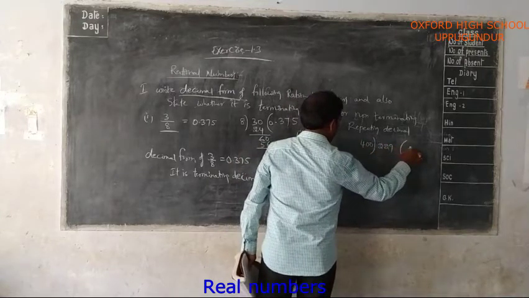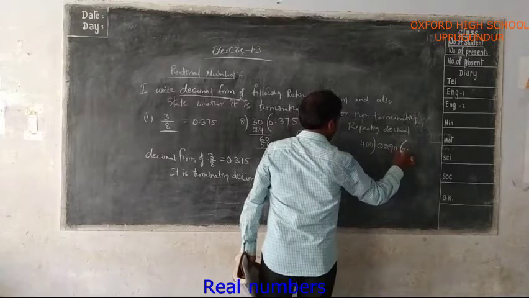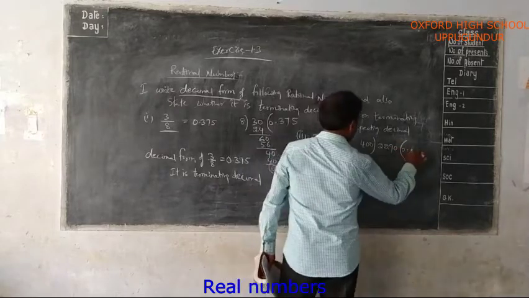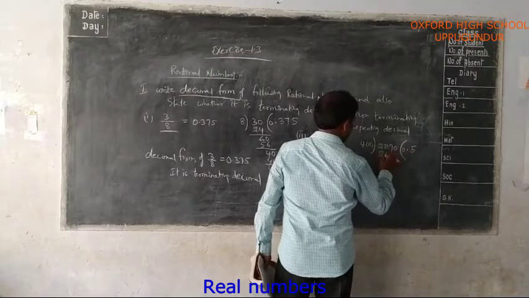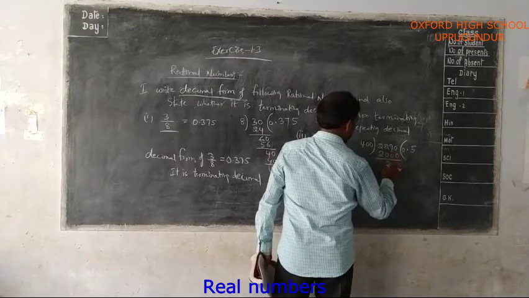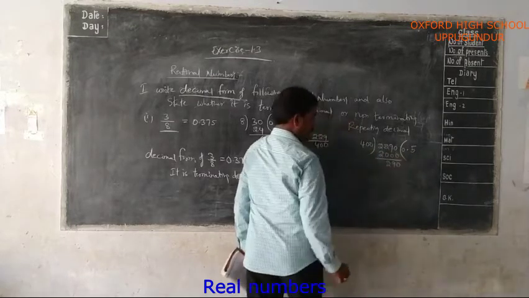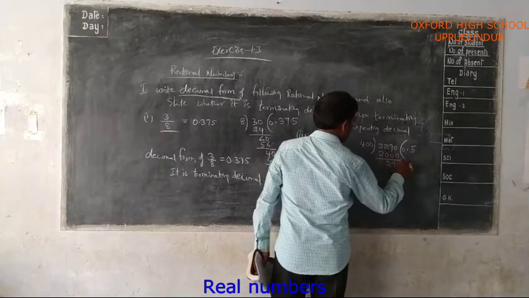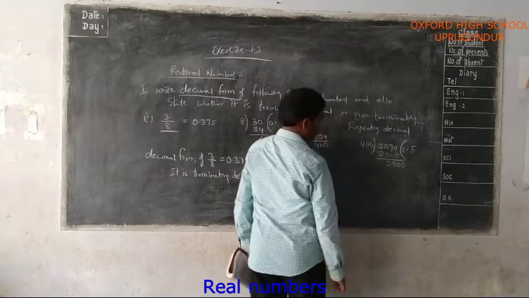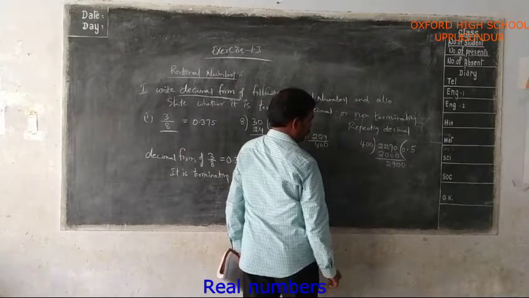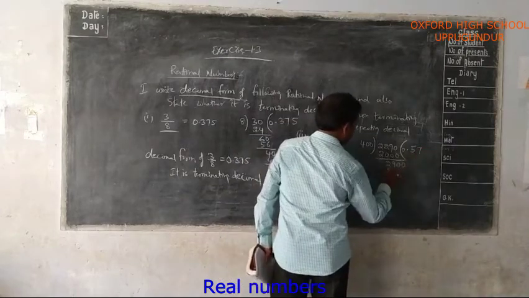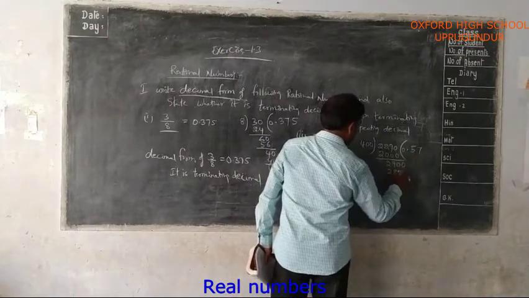You have to keep 0 and the point here. 400 5s are 2000, 290. Again 0. 400 7s are 2800.